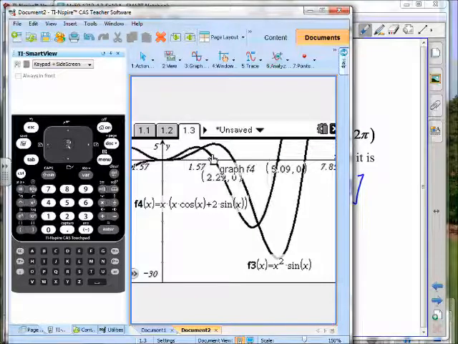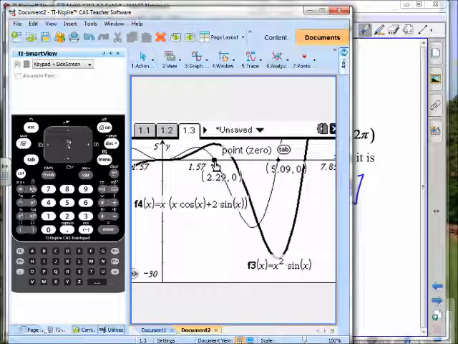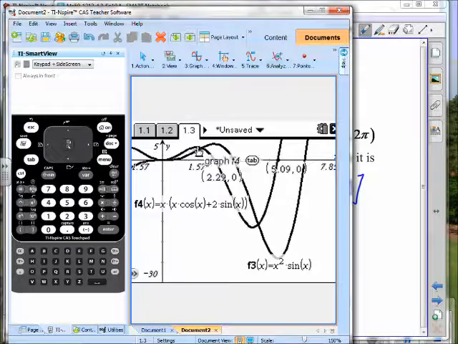The function's increasing, but how do I know that the derivative's value is positive? It's a very simple, basic question, but we often overlook it with this. Molly? It's above the input axis, isn't it? The derivative is above the input axis here, so therefore the derivative has a positive value.